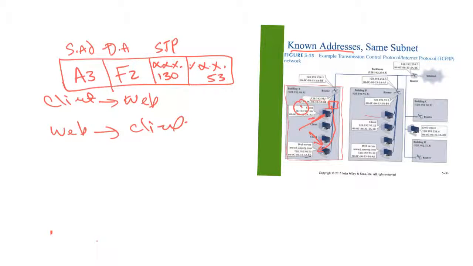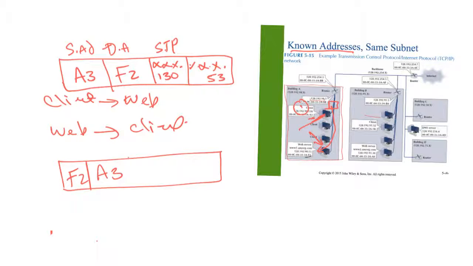The web server will return to the client the following packet. It will add its own MAC address, which is F2. The destination MAC address is A3. Its IP address is x.x.x.53, and the destination IP address will be x.x.x.130.